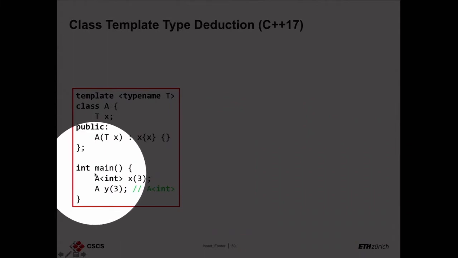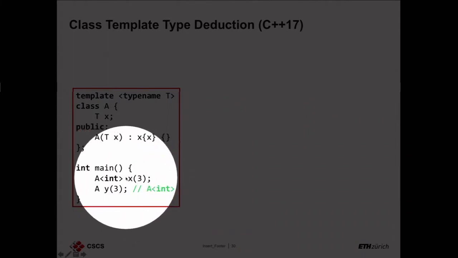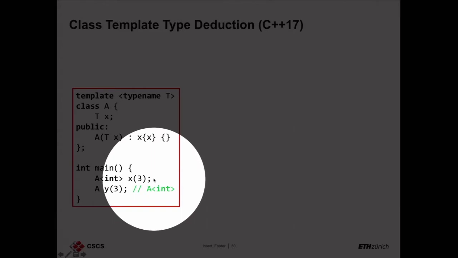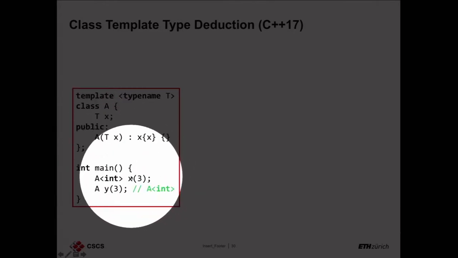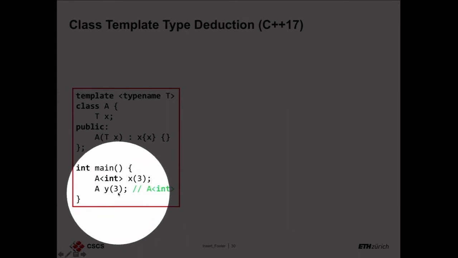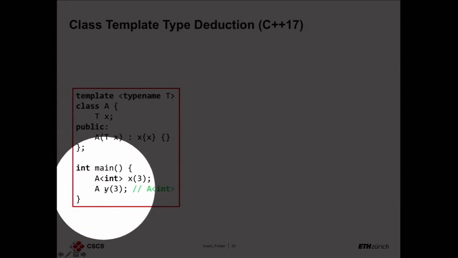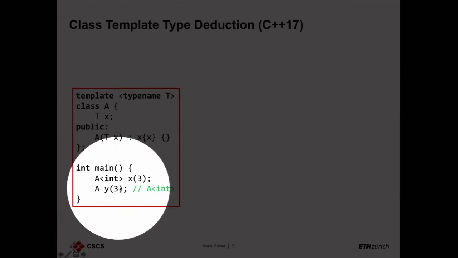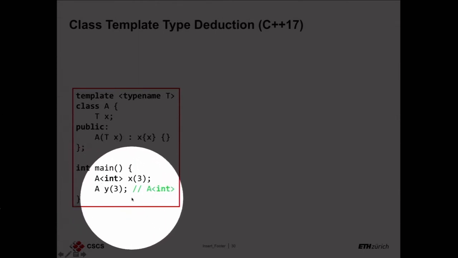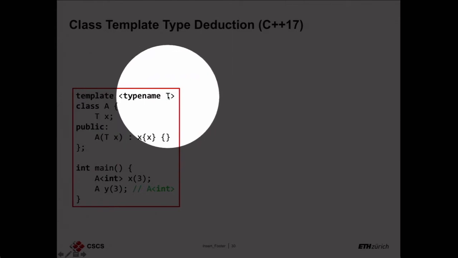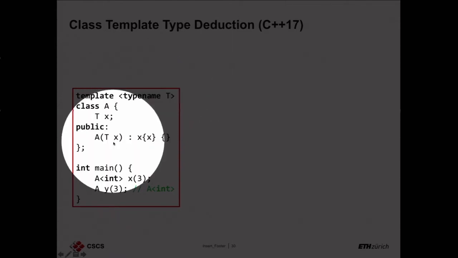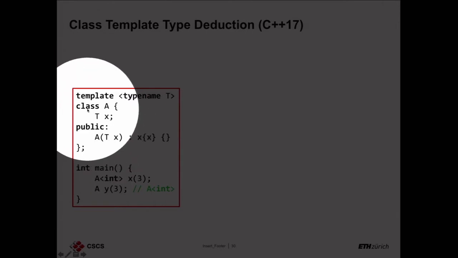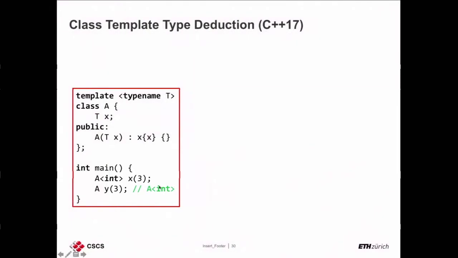You can do A of int x3, and you instantiate the class of integer. You pass the integer to the constructor. You construct your class. But in C++17, you can do A y3. In this case, what happens is that 3 is seen as an integer. So you deduce the type T of your class by the fact that this argument is an integer, and then you instantiate A of T. So this is equivalent to the previous line.